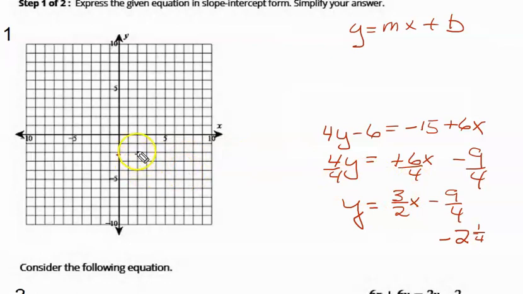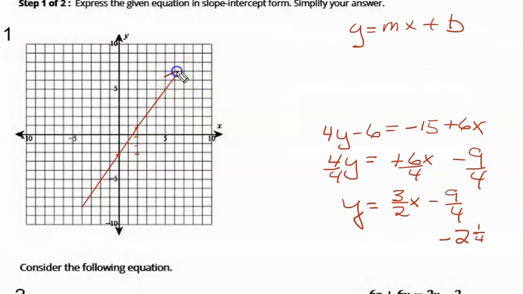It's positive, so now we're going to go up 3. So 1, 2, 3, right about there. And we take our line tool, and if you're using a straight edge, you can make this nice. Here it is. Remember, there's an infinite number of points.